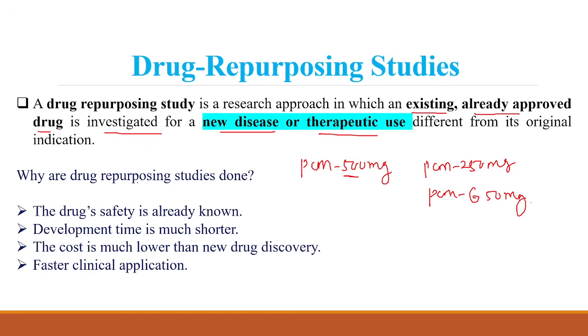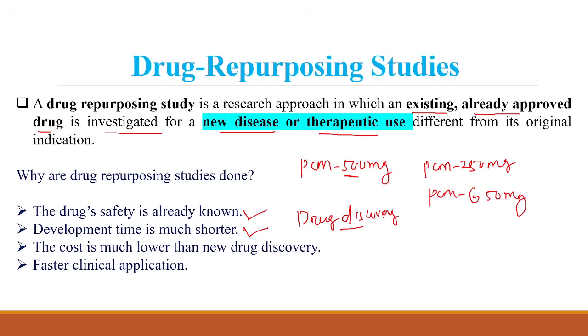So what drugs can we use for repurposing? If the drug is known and has some activity against any disease, we can go for that. Also, if the drug safety is known, we can use that drug. In this case we don't need any clinical trial, and the development time is much shorter. Here we are also performing drug discovery, but in an easy way, by just repurposing.